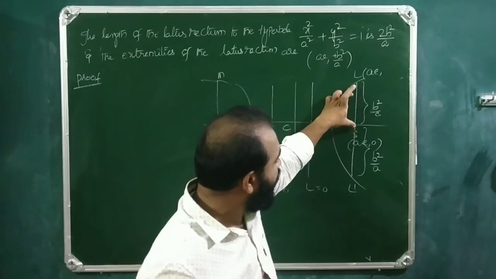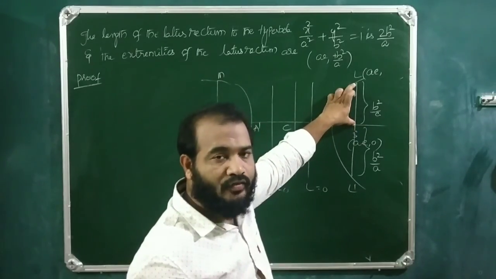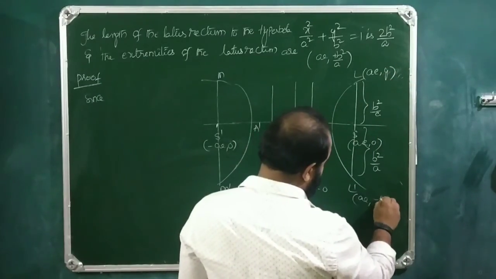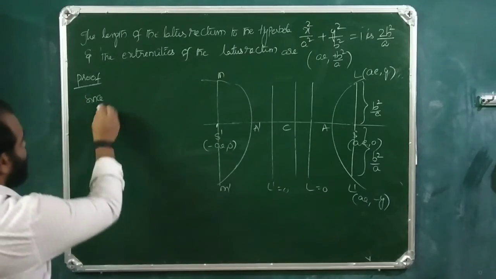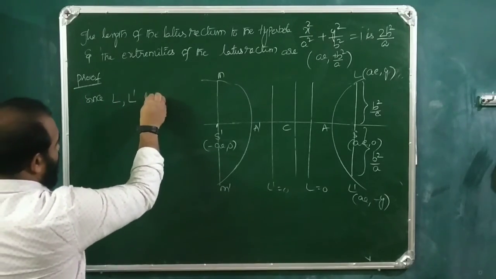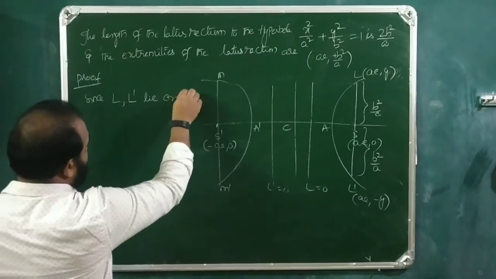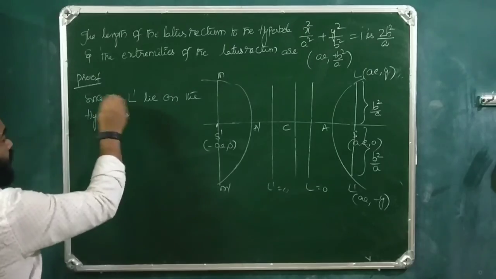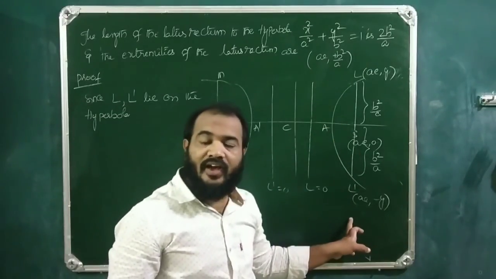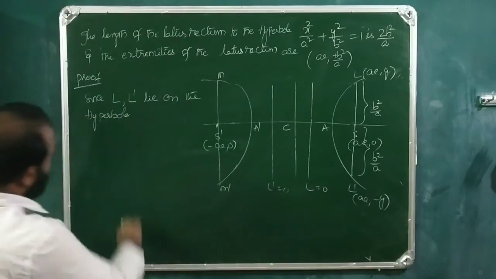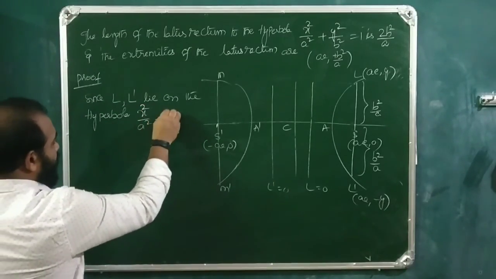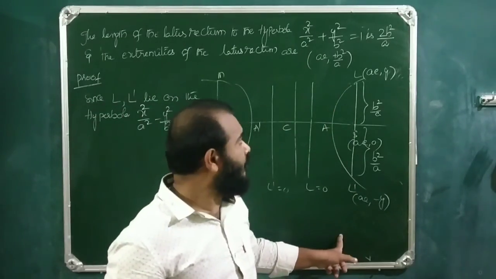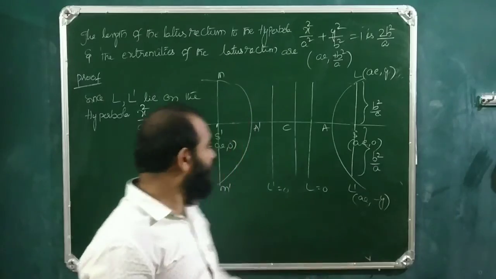But for the time being, since we don't know the height of SL, I'll take it as y. This is minus y. Since L and L dash lie on the hyperbola x square by a square minus y square by b square equals 1, these 2 points satisfy the equation of the hyperbola.